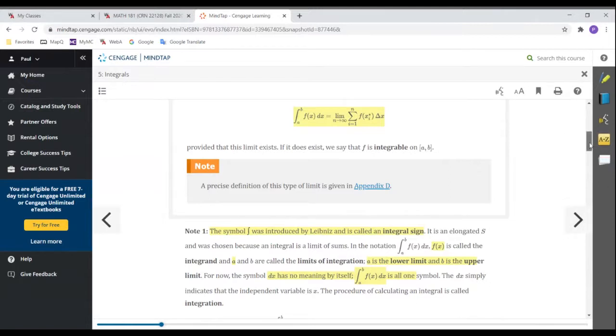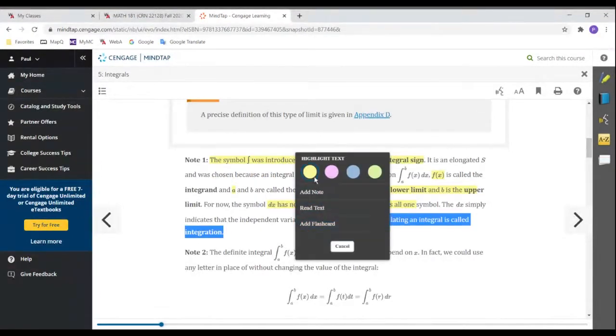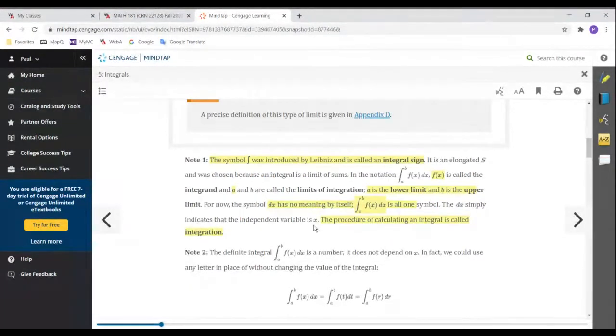This whole process is called integration. And today we're going to do an example where we actually do integration, where we compute a definite integral.